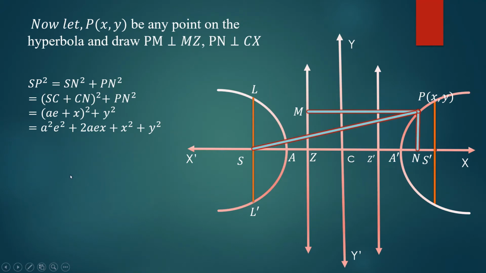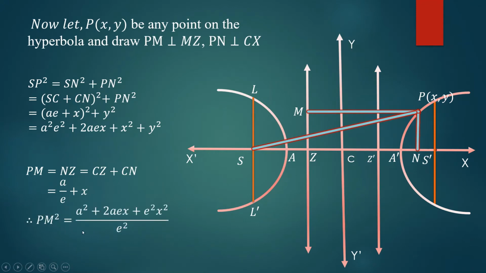And we can write PM is equal to NZ, and we can separate NZ into CZ plus CN, and we get CZ is equal to a by e and CN is equal to x here, and squaring we get a square plus 2aex plus e square x square divided by e square.